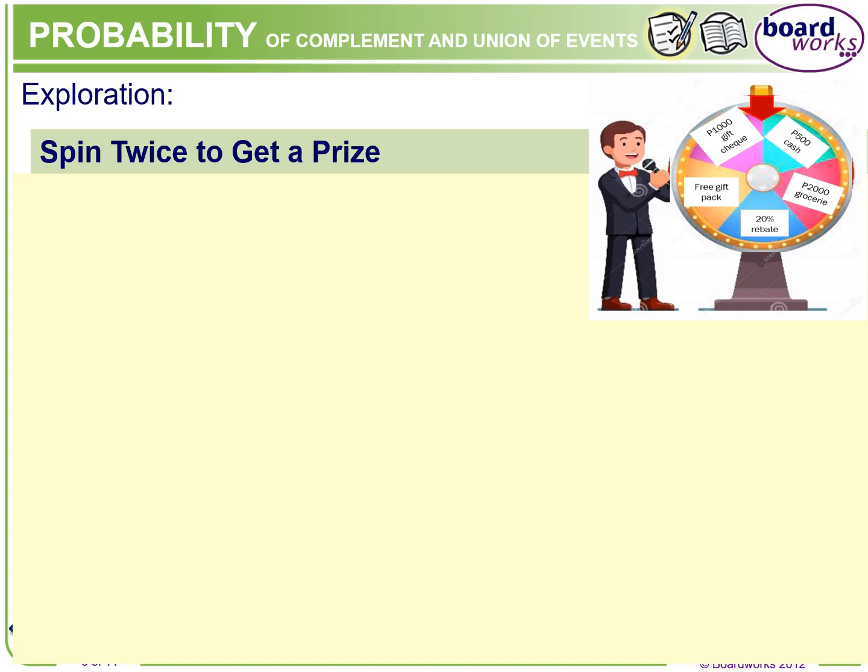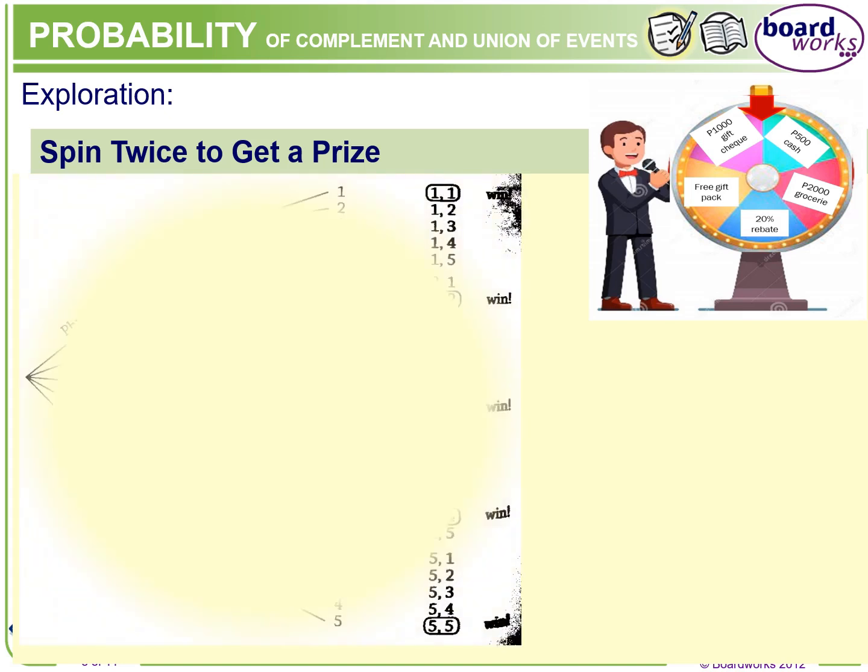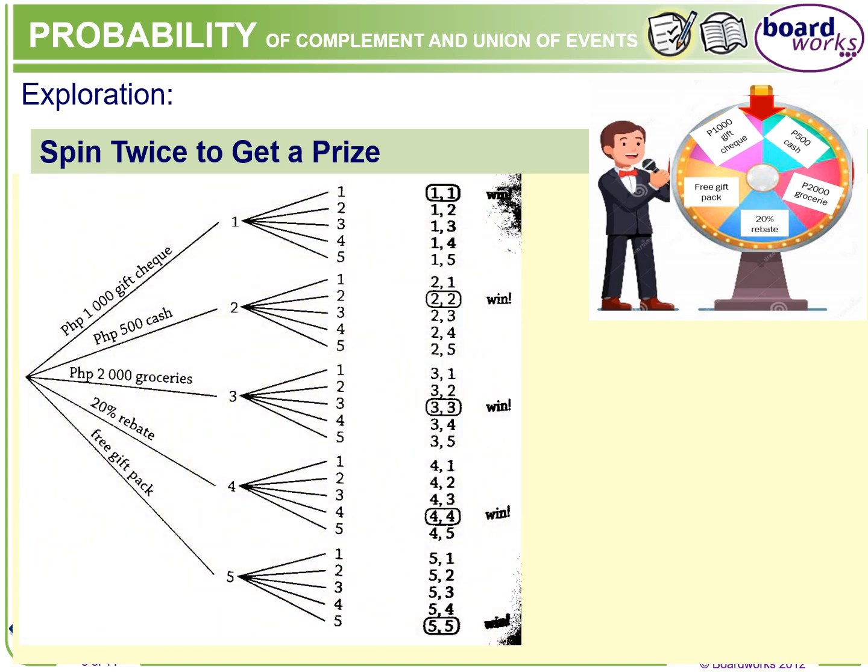Now, to find the probability that the pointer will stop at the same number, we need to find the sample space, the possible outcomes, and the total possible outcomes, where A is the event that the spinner stops in the same sector in both spins. Let's try to use a tree diagram to show the possible outcomes.